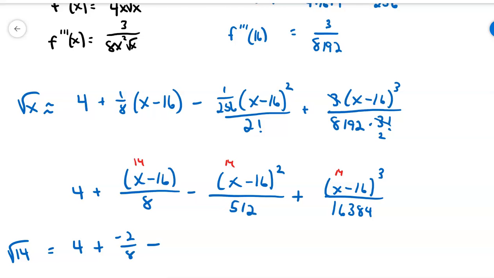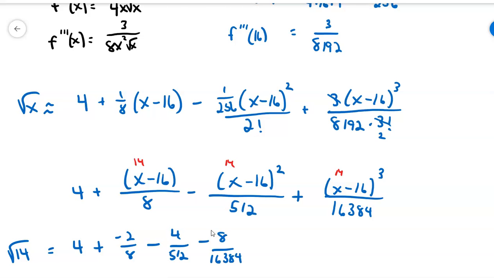Minus, again, 14 minus 16 is negative 2, but this time it's squared. So negative 2 squared is positive 4, so up on the top we'll go a positive 4, 512 on the bottom. And then over here, 14 minus 16 is negative 2. Negative 2 to the third is negative 8.